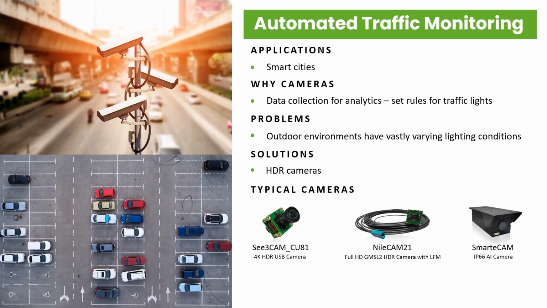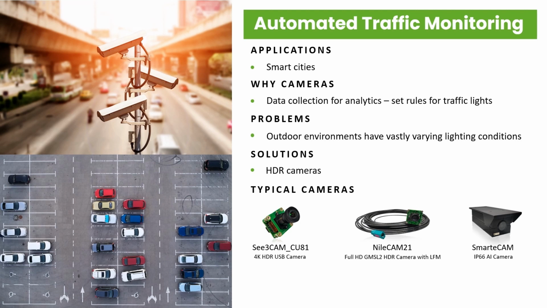For capturing details vividly in this scenario, we recommend the usage of an HDR camera. HDR cameras combine multiple images with varying exposures to capture details in both dark and bright areas into a single image. High resolution is also required when more details about the scene, such as license plate information, need to be recorded.